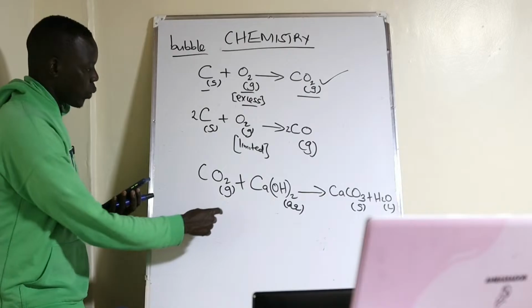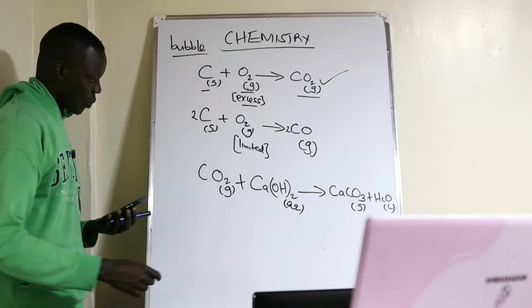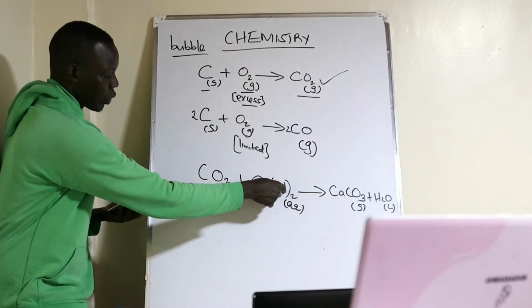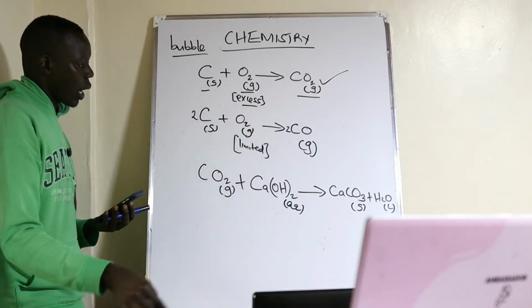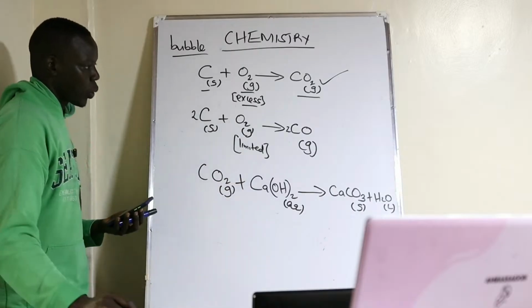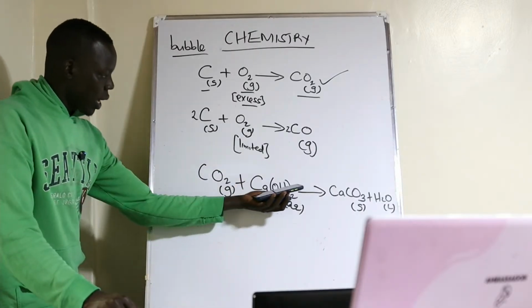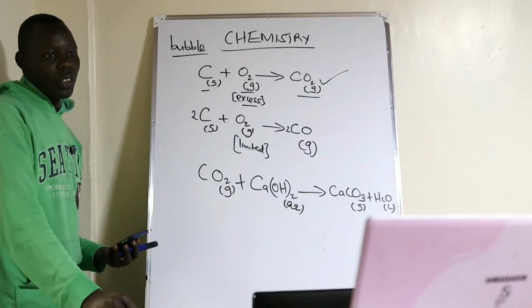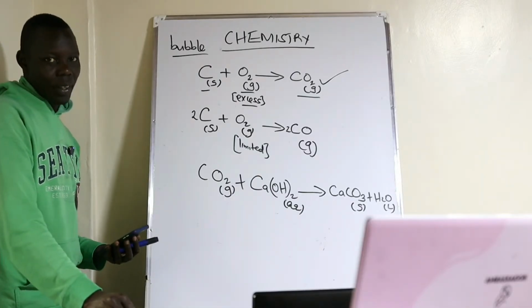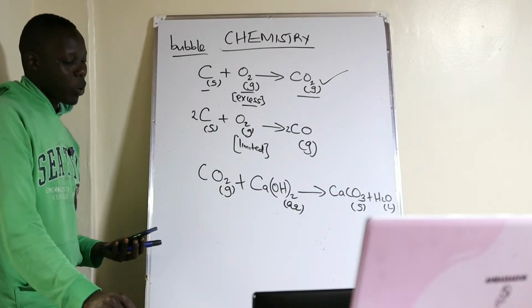So oxygen, we have 2 plus 2. This 2 is for this oxygen, and it is for this hydrogen still. So we have 4. On that side, still oxygens are 4. Calcium is 1, and of course, calcium is 1 on that side. Hydrogen is 2 here, and hydrogen is 2 on the other side. So we can say that the equation is very well balanced.